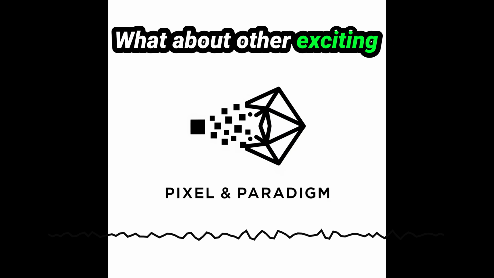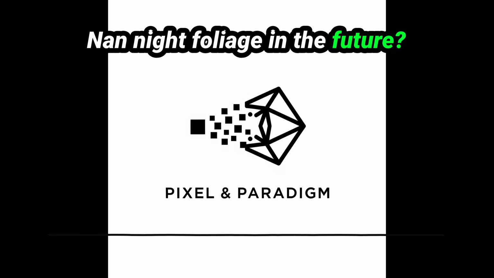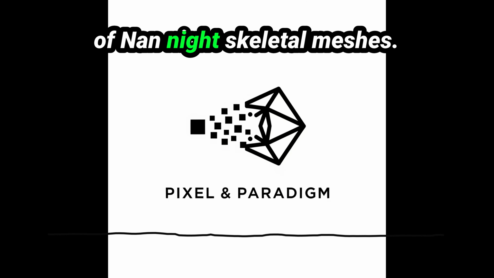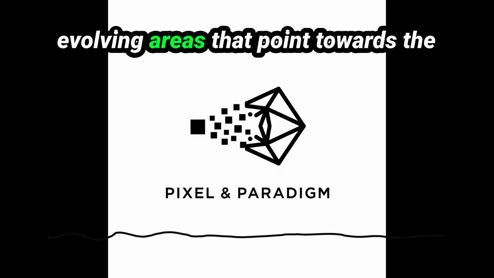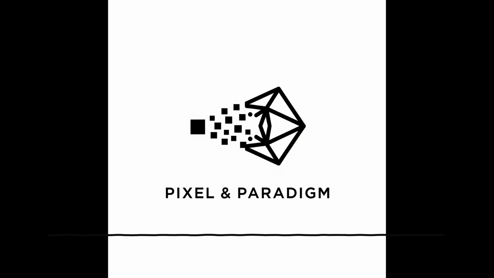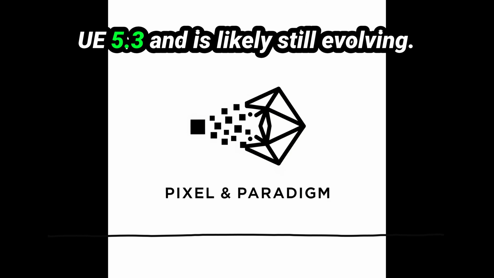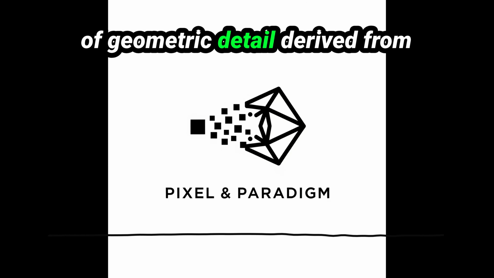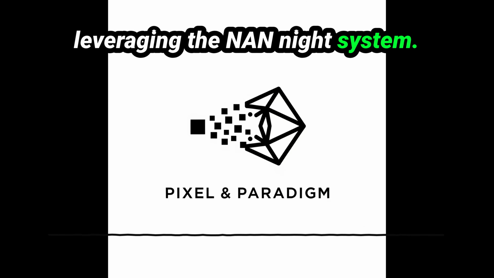What about other exciting emerging areas that might impact Nanite foliage in the future? You mentioned Nanite tessellation earlier and the ongoing development of Nanite skeletal meshes. Yes, these are indeed exciting and rapidly evolving areas that point towards the future capabilities for Nanite and foliage. Nanite tessellation, which was introduced as experimental in UE 5.3 and is likely still evolving, refers to the dynamic addition of geometric detail derived from displacement maps at runtime, fully leveraging the Nanite system.